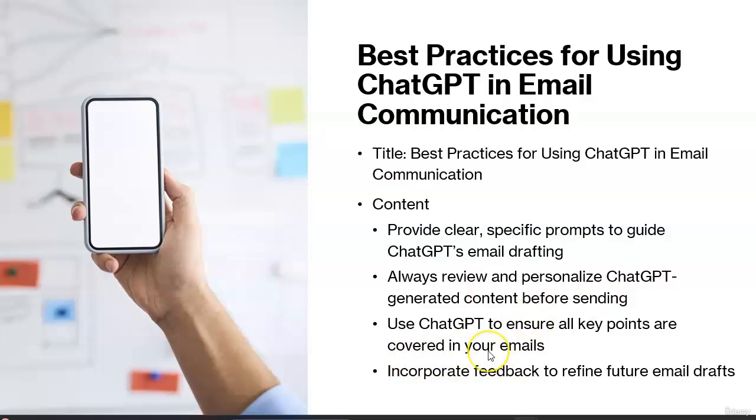Ensure all key points are covered. Use ChatGPT to make sure you have not missed any important details in your email. Incorporate feedback. Over time, incorporate feedback from recipients to refine how you use ChatGPT for future emails.